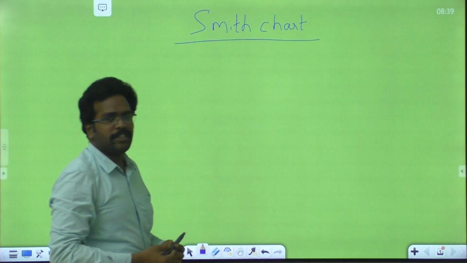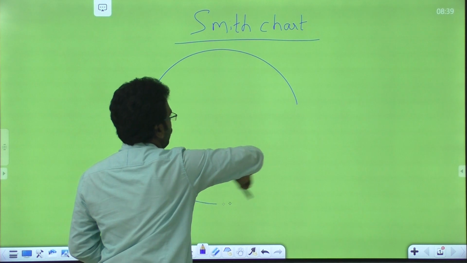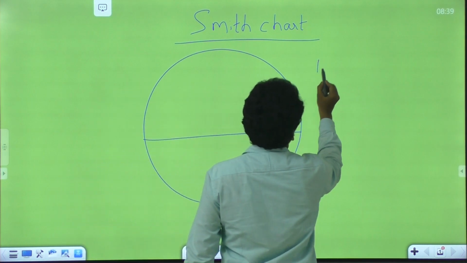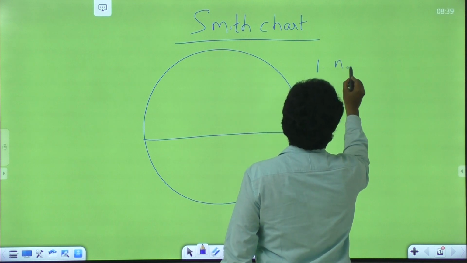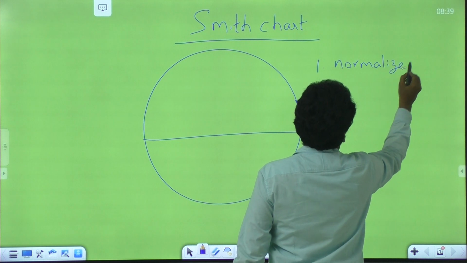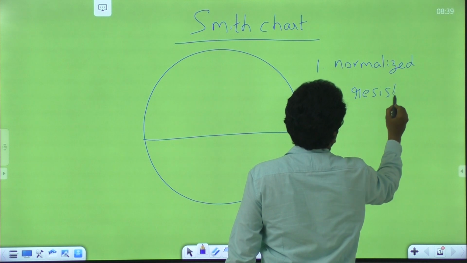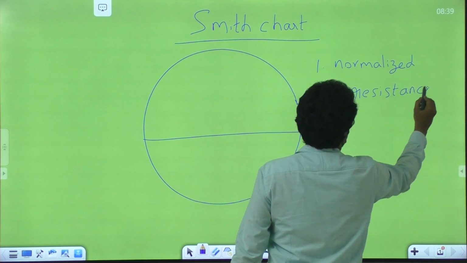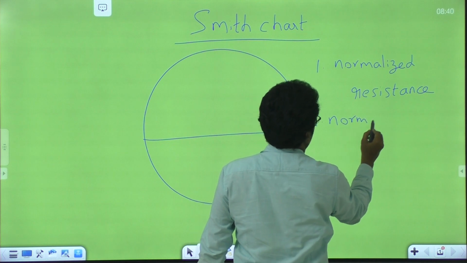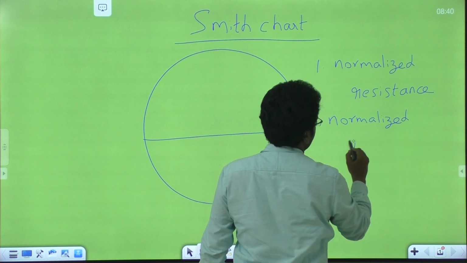Okay. So the Smith chart is basically a unit circle which consists of two circles. One is the normalized resistance circle, and the second one is the normalized reactance circle.